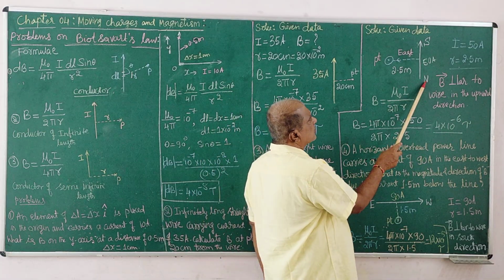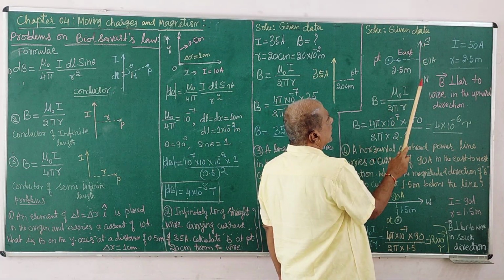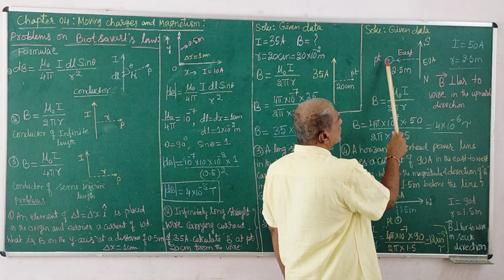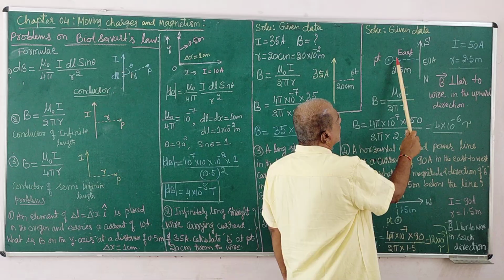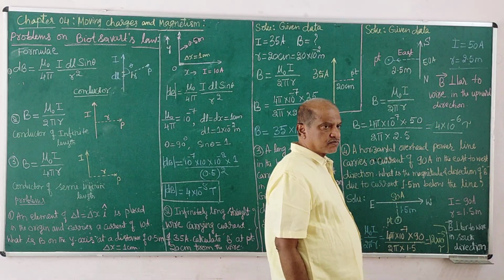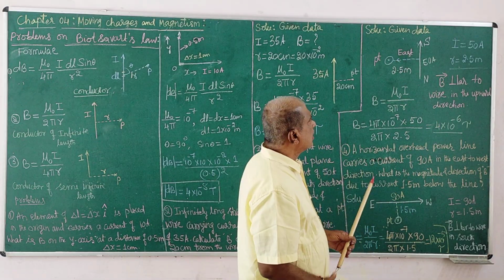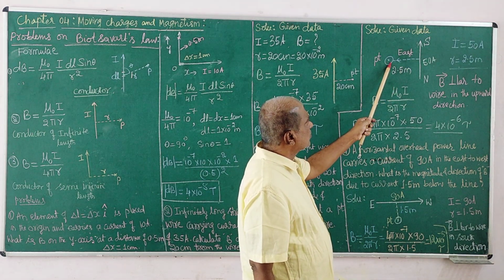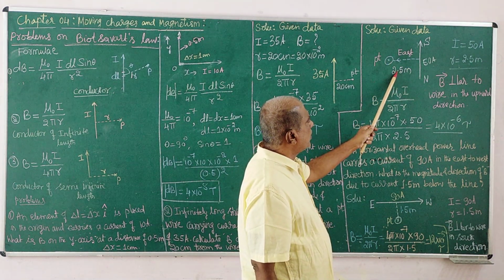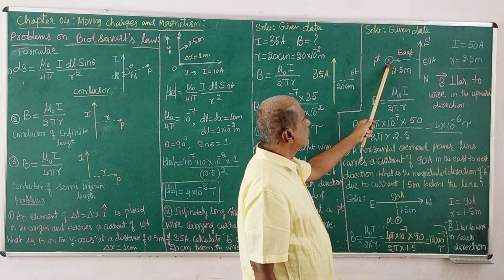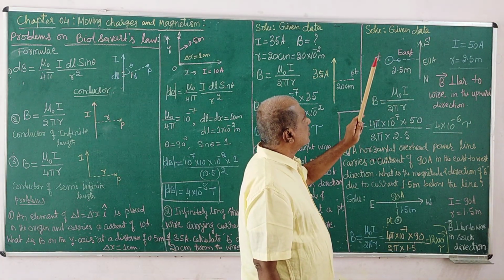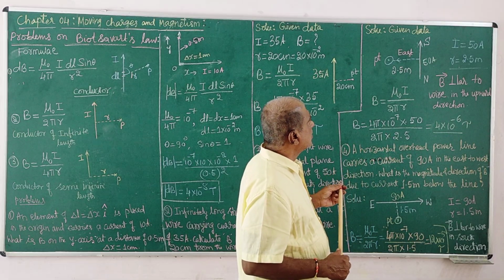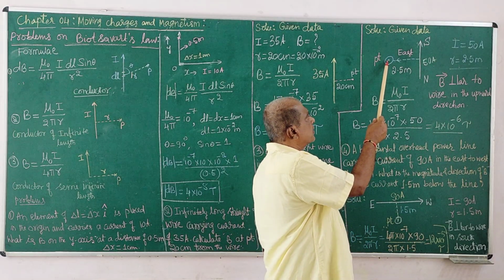If this is north direction and south direction, the left hand side is east, the horizontal like this, and right hand side must be west. That is why I have put this point on the left hand side, on a straight line, 2.5 meter away from this. And using this data, let us calculate what is the magnitude of B at this point.